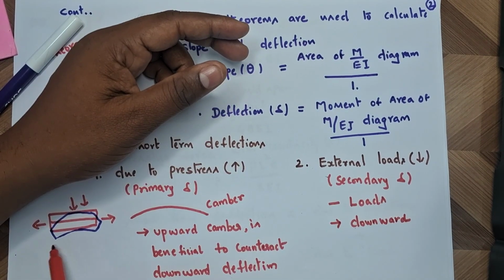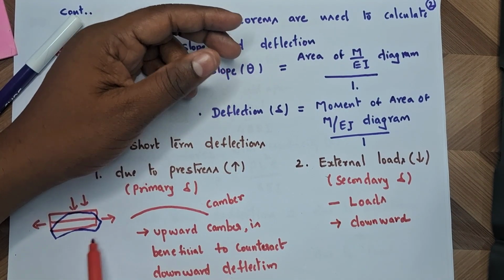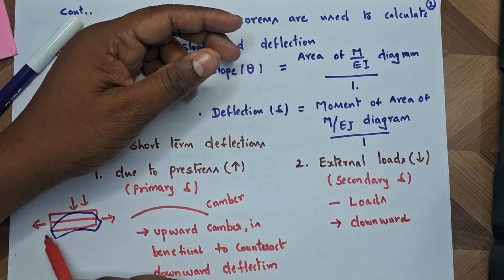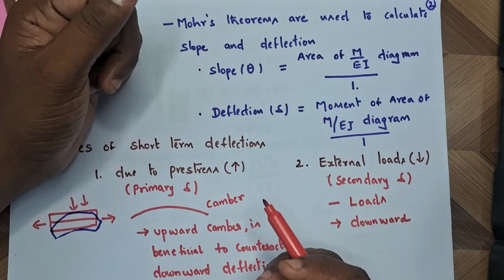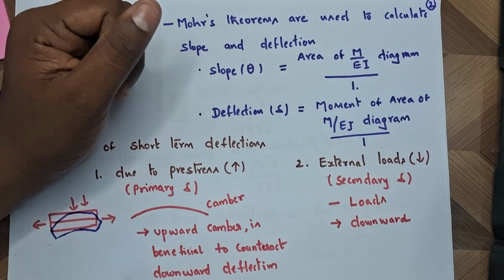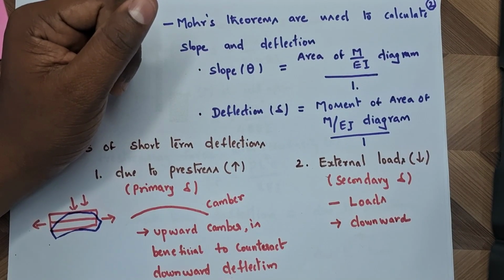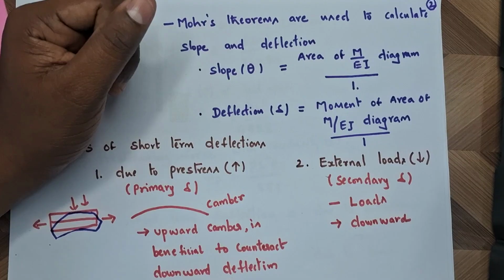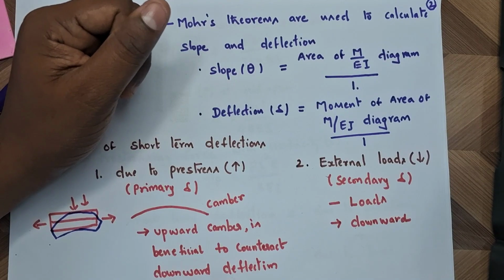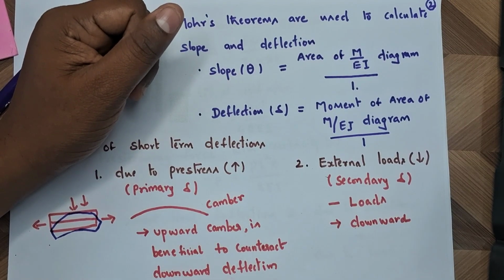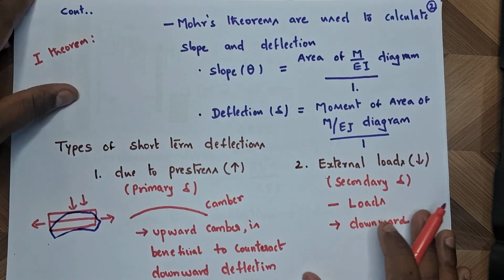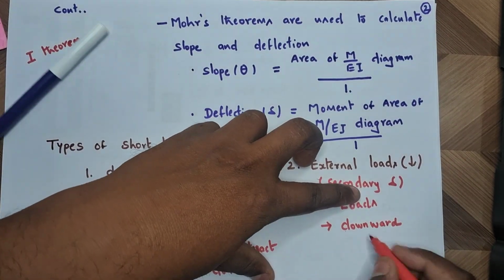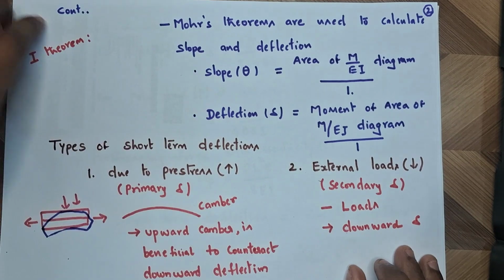As I told you earlier, once this camber has been formed due to prestress, the load imposes some downward deflection against the camber. This is a downward deflection, right?